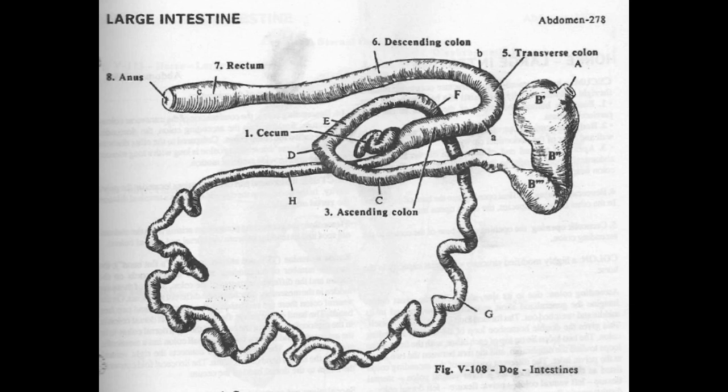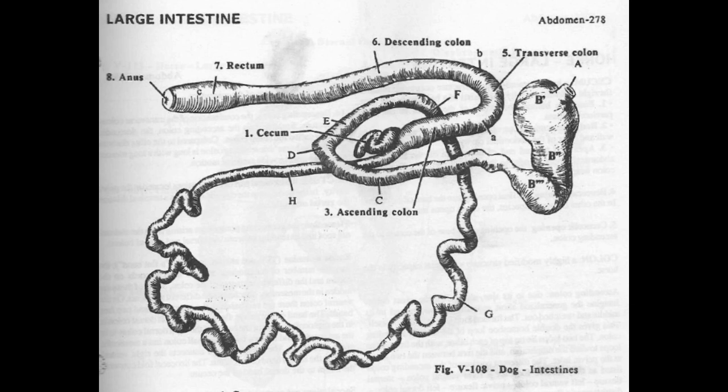It extends up to the pelvic inlet, and after it the rectum starts. The descending colon is the longest segment of the large intestine. The descending colon is attached to the dorsal abdominal wall by mesentery.